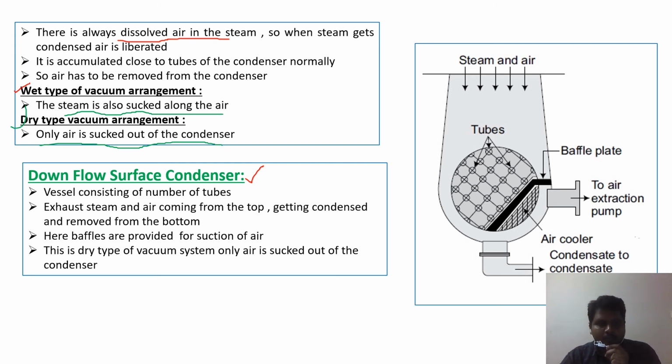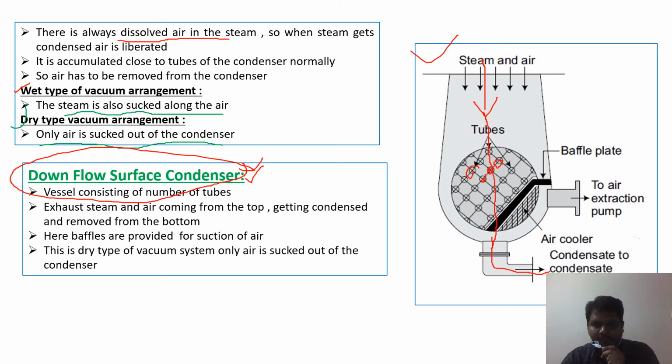Now let us discuss the downflow type surface condenser. It is a dry type vacuum arrangement. Here this is the schematic of the downflow surface condenser. Since it is a surface type condenser, there is no direct contact between the water and steam. Here also it will have a bundle of tubes. The steam from the top flows over the tubes and it will condense.